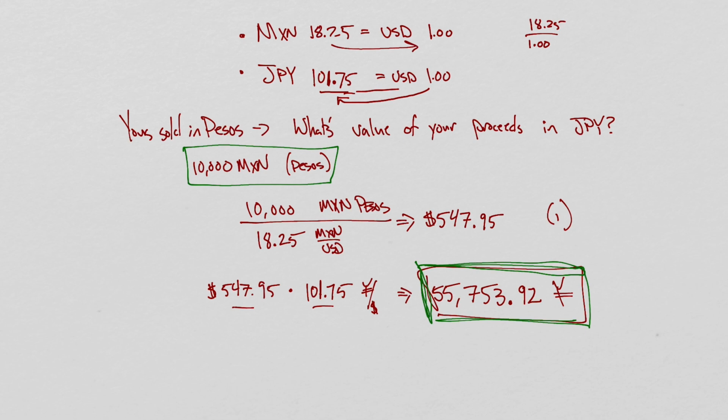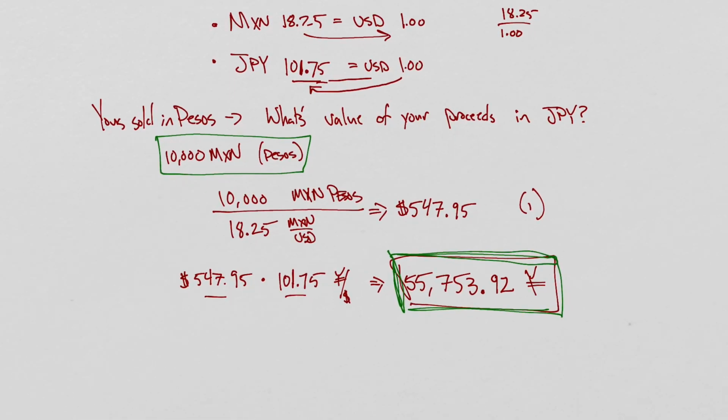If you notice that in both of these exchange rates, the USD is in the denominator and it's $1 each, we can take advantage of that and say, well, if the Mexican peso versus the USD is equal to 18.25 per one USD, the Japanese yen per USD is 101.75 yen per USD.